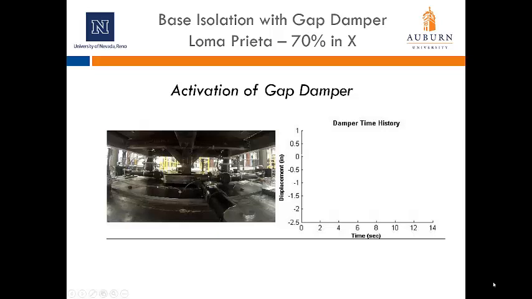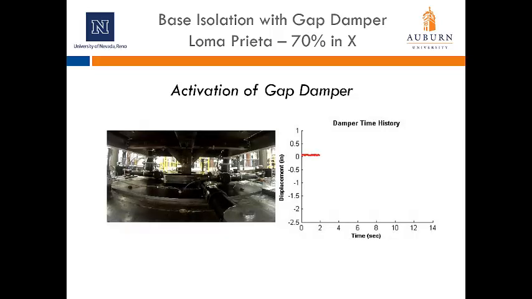This next series of clips show the corresponding Loma Prieta 70% in X direction excitation for the base isolation with gap damper configuration. The first clip shows a close-up of the gap damper system on the left and the damper time history being traced out on the right. There's a large spike every time the damper is activated.